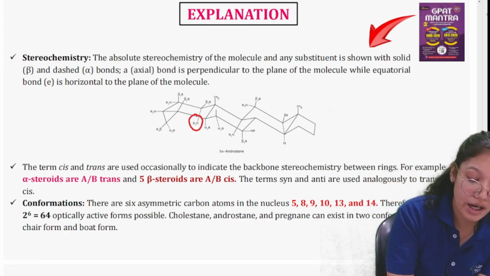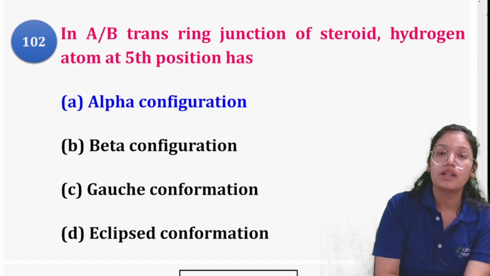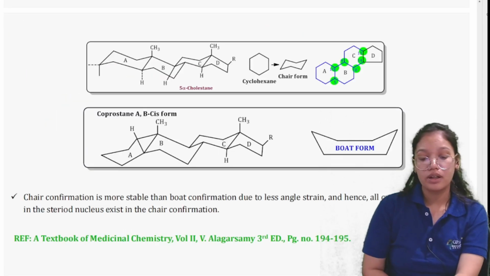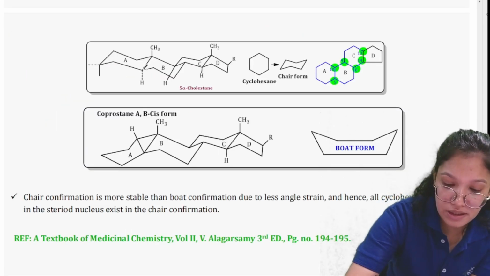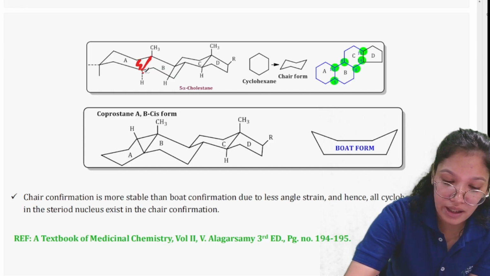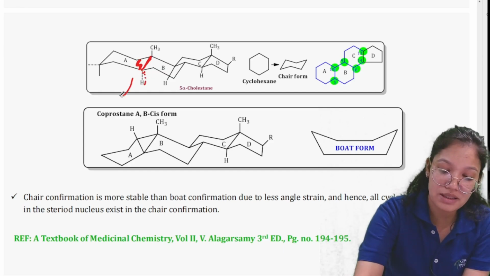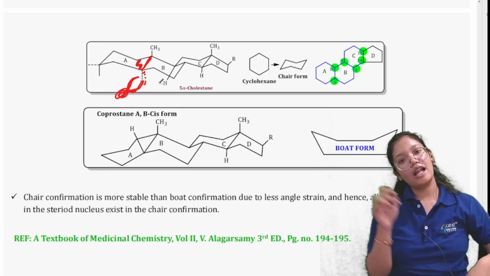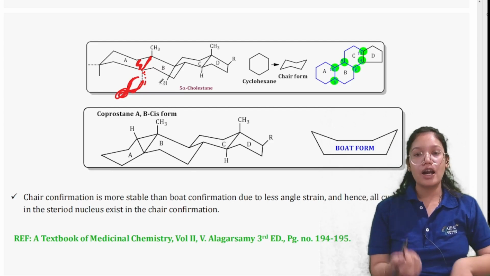So for the hydrogen we have the alpha configuration. Here you can see it more clearly, this is the 5th position, this is the junction, and here we have a dash bond, that means the alpha bond. So at the 5th carbon we have the alpha configuration of the hydrogen.